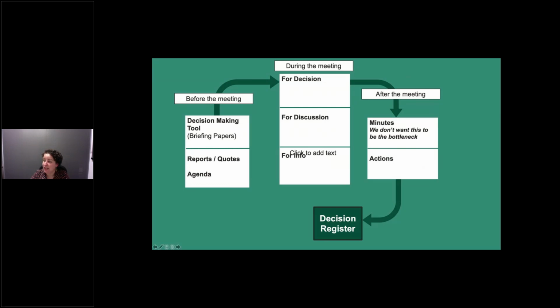During the meeting, you've got things that are listed for decision, for discussion, and for information. And after the meeting is where you're getting a copy of the draft minutes. You're getting any actions that are in the minutes themselves, and you've also got the decision register.